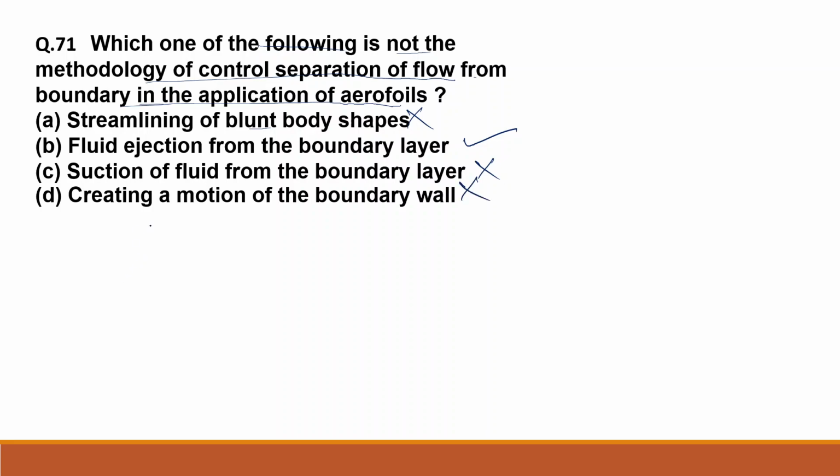Because option A is streamlining the object only, not the blunt body shapes. Here I will write option A. Why it will be wrong? Streamlining the object only. And option B is right.